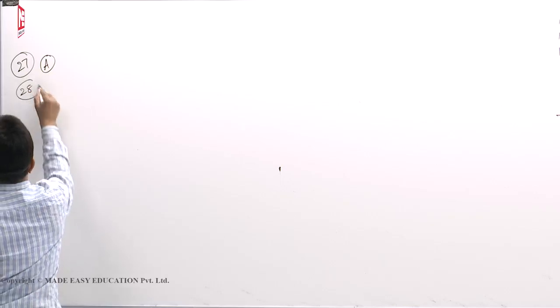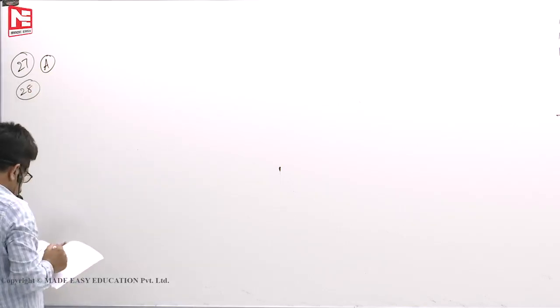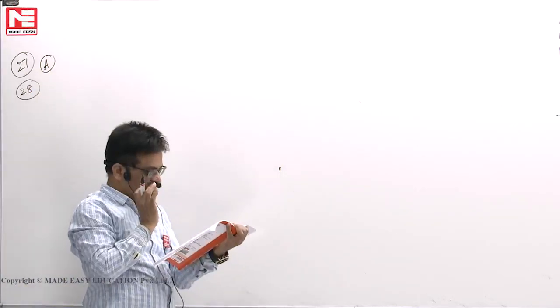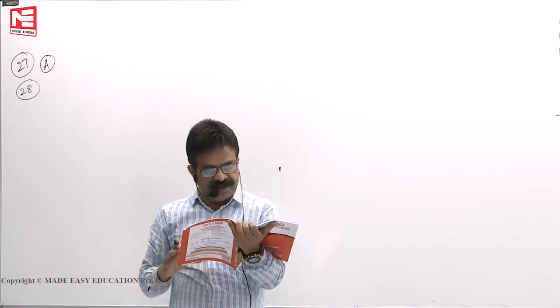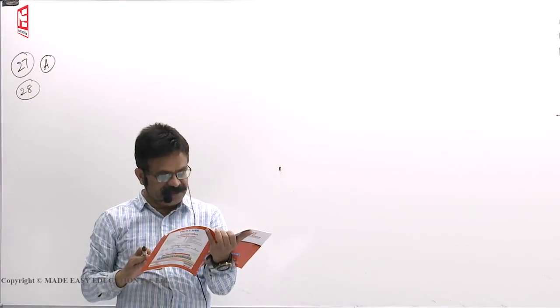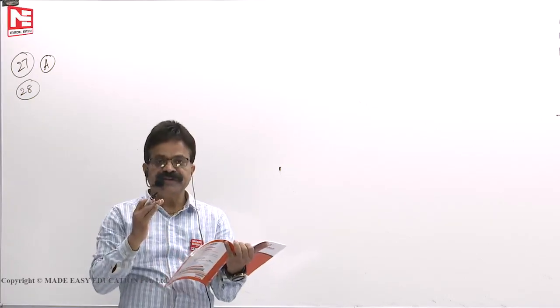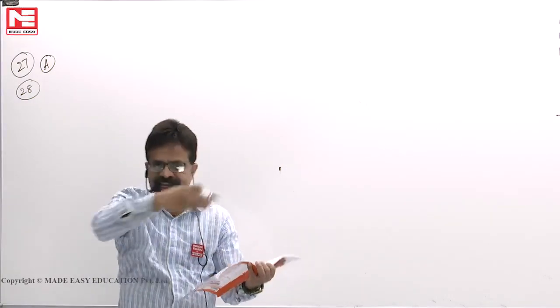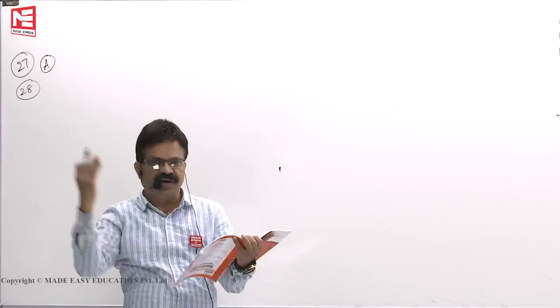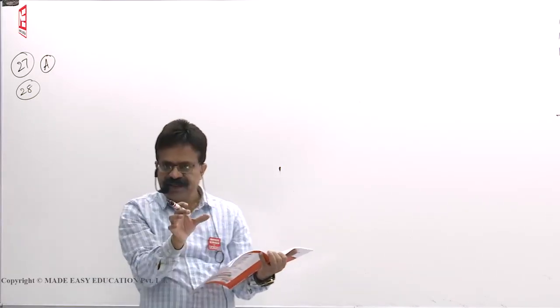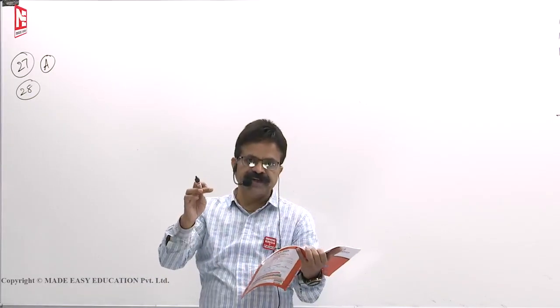Then 28, it is a repetition. A two-hinged arch shown in figure, which one of the following diagrams represents the shape of the bending moment variation? Shape of the bending moment variation means wherever you apply load it will sag, the other end will hog. So at the load application point, it should be sagging bending moment.